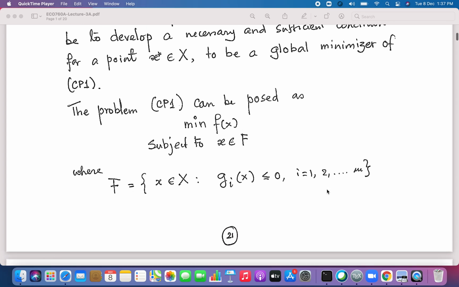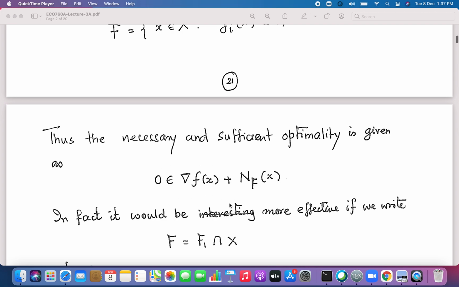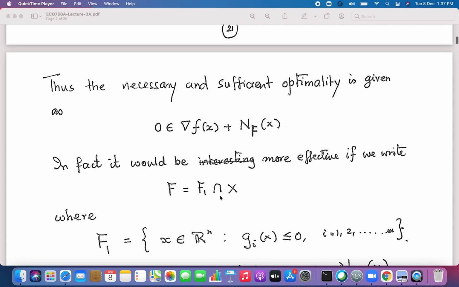So, if I have this set F, which is the feasible set, how do I write the normal cone? Of course, the necessary and sufficient optimality condition in this case is that any x which satisfies this inclusion would actually be the global minimizer. Of course, you can write F as F1 intersection X, where F1 itself is this.